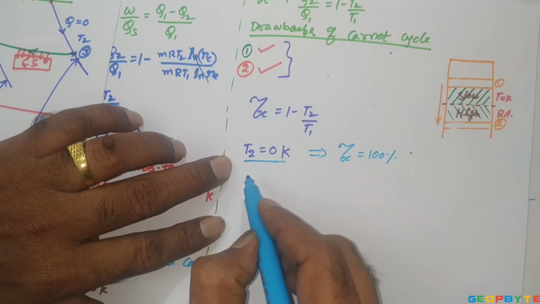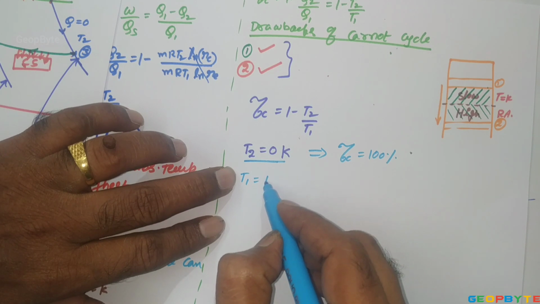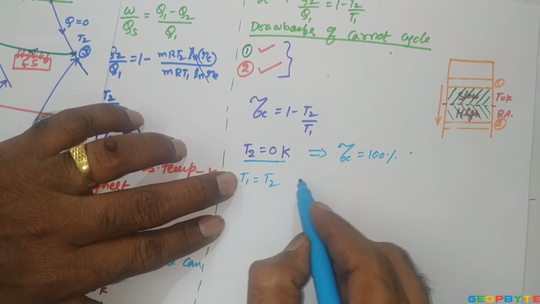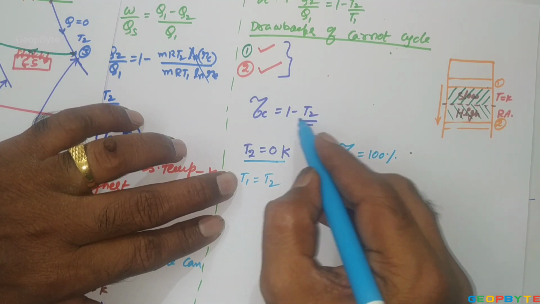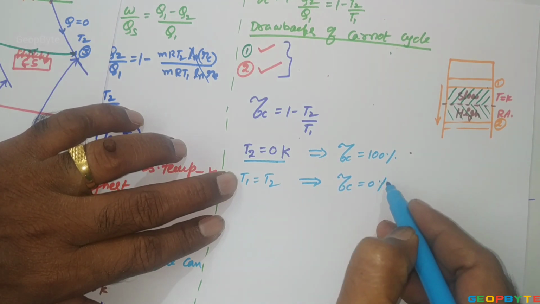Similarly, if I want to maintain T1 equal to T2 for this imaginary cycle, then T2 by T1 becomes 1, and 1 minus 1 is 0. Efficiency of the Carnot cycle is 0%.